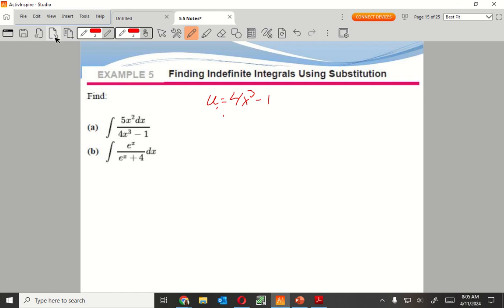And then when I take my derivative, it turns into du is equal to 12x squared dx. Can't forget that one, because that's part of my substitution. When I take my derivative, I'm taking the derivative in terms of x. That's where I get my dx there.